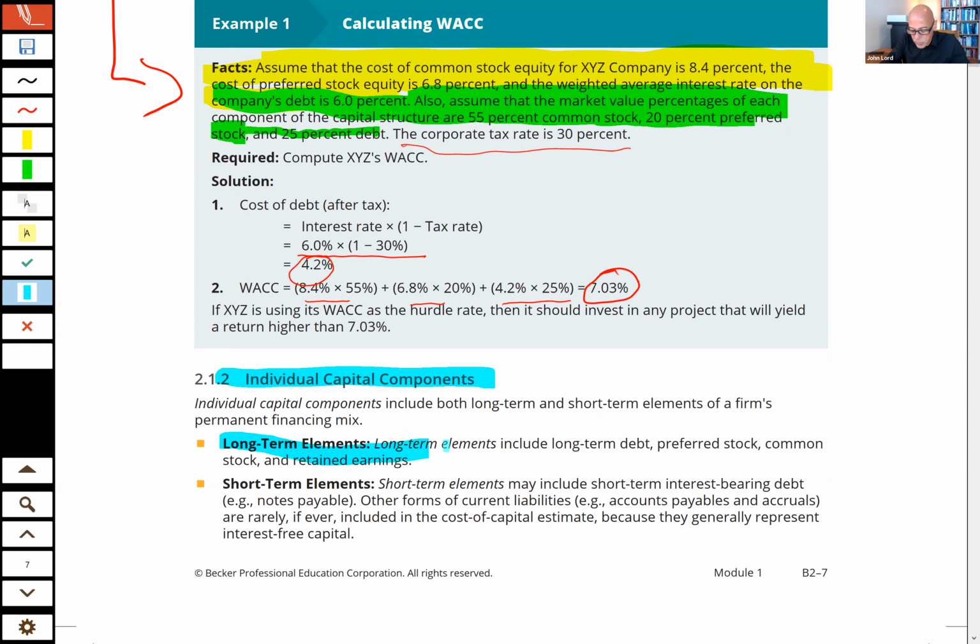And they're telling us that when you deal with long-term items, that's really what's happening with our common stock, our preferred stock, and our debt. Short-term elements, and the key thing I can tell you there, if they tell you something is short-term, then look for an interest rate.